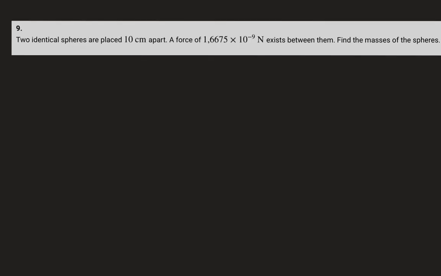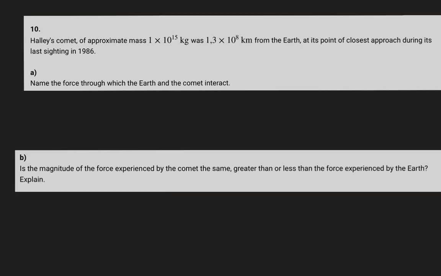Two identical spheres are placed 10 centimeters apart. A force of 1.6675 times 10 to the power of negative 9 newtons exists between them. Find the masses of the spheres. Right, when you do a calculation like this, please don't forget that if the masses are identical, then you only need to solve for one mass, right?